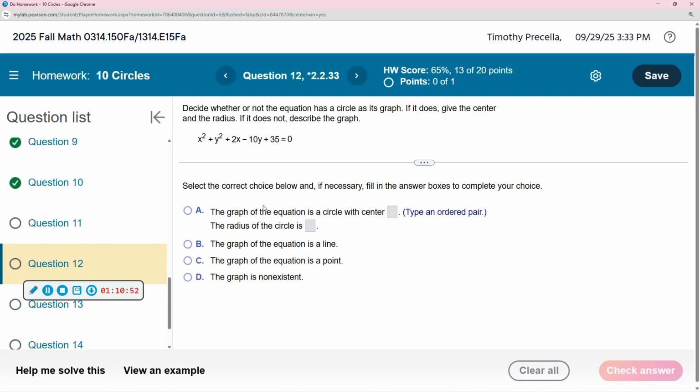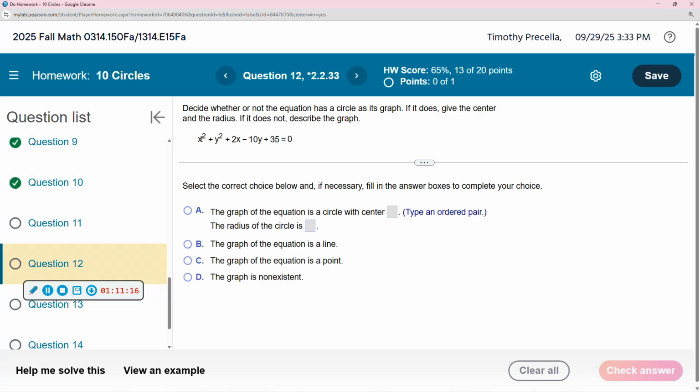For part B, I think that whoever the programmer was for this problem, they just wanted 4 options, because option B says the graph is a line. I see x squares and y squares. Can linear equations have x squares and y squares? No. So it can never be that B option of a line.